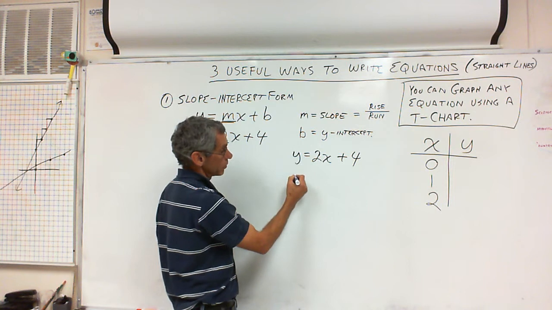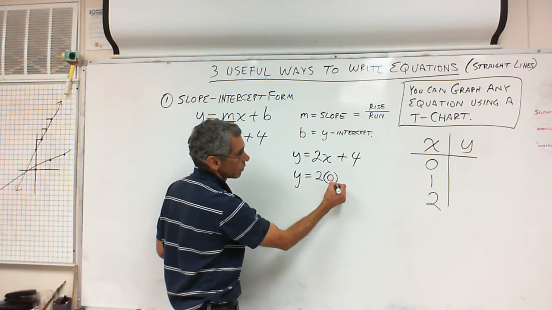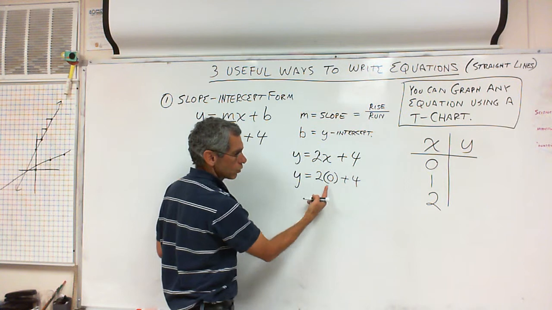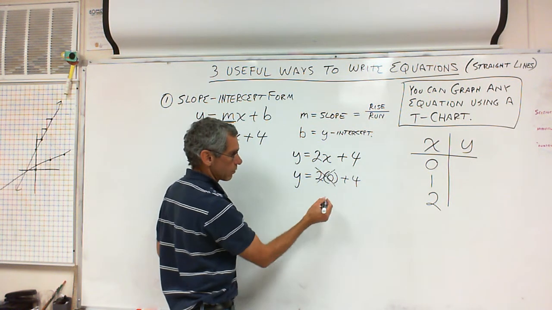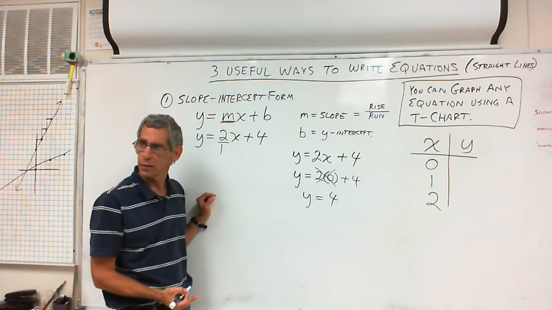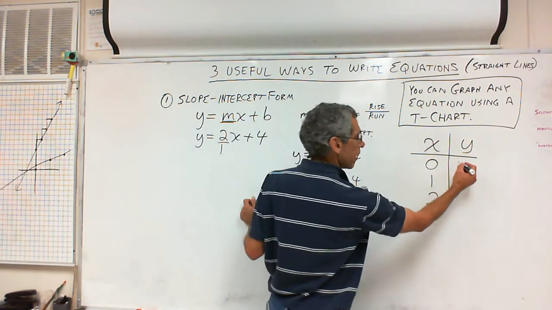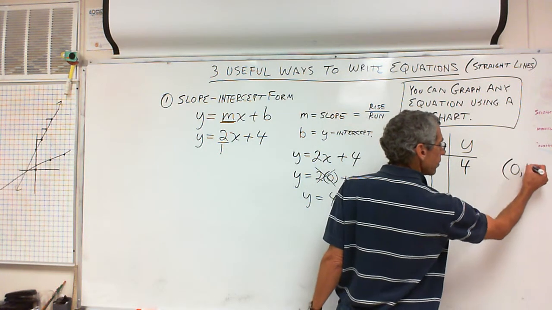Y is equal to 2 times 0 plus 4. Who knows what 2 times 0 is? 0. So that crosses out, and I have y is equal to 4. You all agree with me? So over here I put 4. That's my first point. My first point is (0, 4).